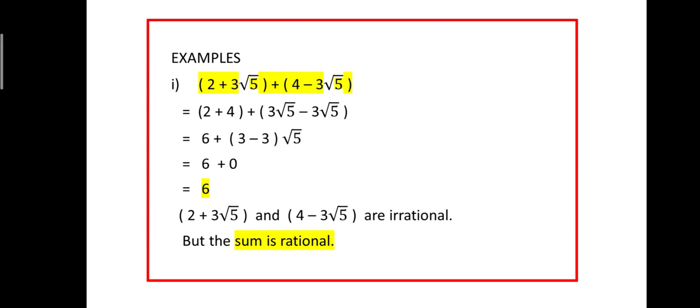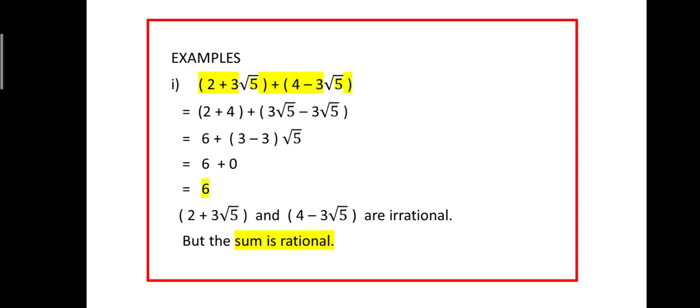The first example is the sum of two irrational numbers. The first irrational number is 2 plus 3 root 5, and the second irrational number is 4 minus 3 root 5. When we add these two irrational numbers, the rational part gets added to the rational part.